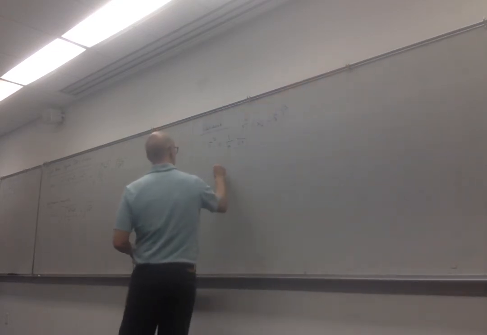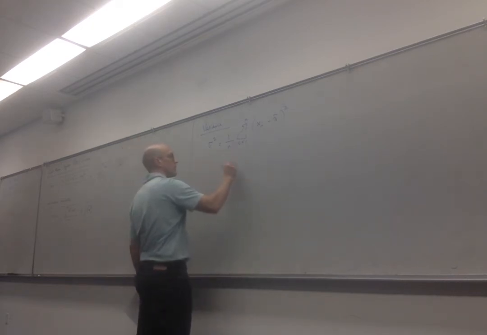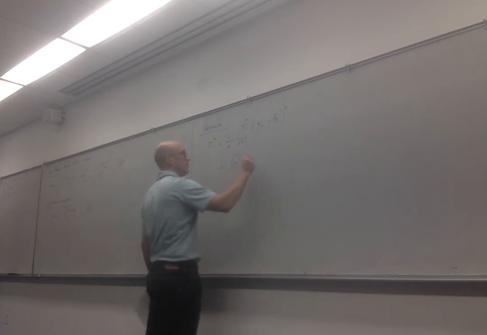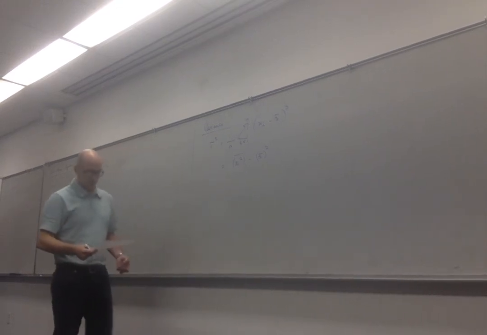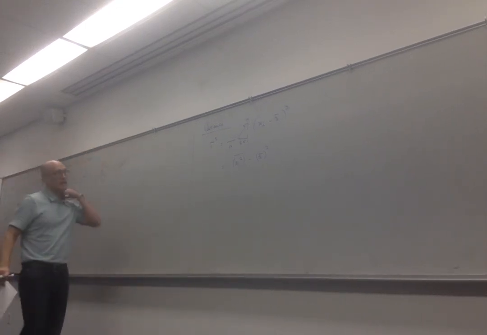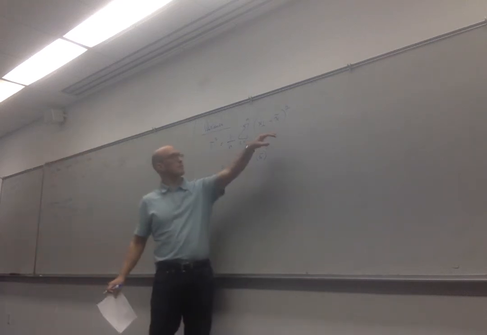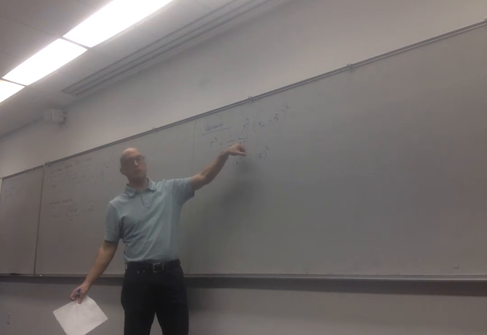You can also show, if you expand this, that it is equal to the average of the square minus the average squared. In that summation, if you expand it, you'll find this term is a constant with respect to the summation.